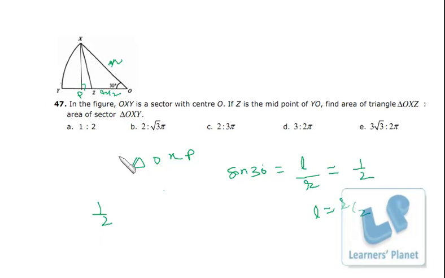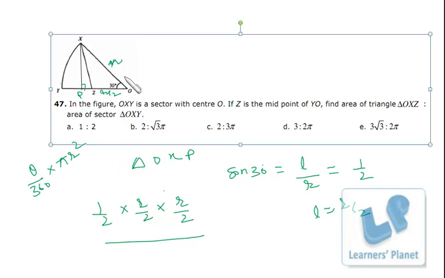So half base is what? R by 2. Altitude is also R by 2. Now the ratio to the area of the sector. Area of the sector is what? Theta by 360 into pi r square. Here theta is 30 degrees.